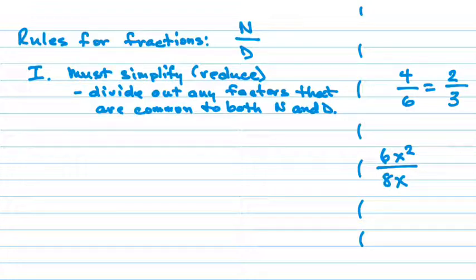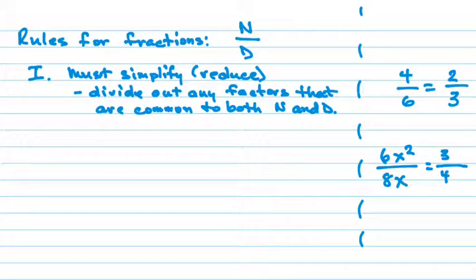I can't divide a 6 by an 8, but is there anything that will divide into 6 and 8 at the same time? 2, right? So 6 divided by 2 gives you a 3 in the top, and 8 divided by 2 gives you a 4 in the bottom. And the next factor in the numerator is an x squared. Is there an x in the bottom? Yes. Now, here's the key.